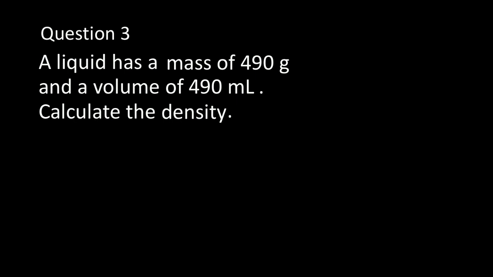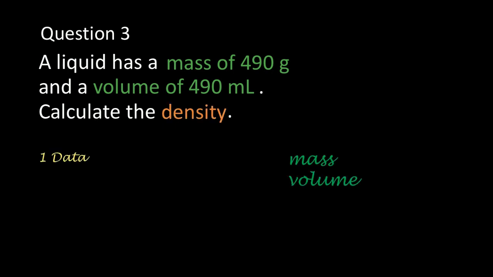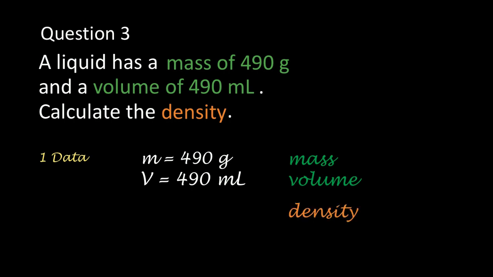Let's do one more, but now we're looking at a liquid. And this liquid has a mass of 490 grams and a volume of 490 milliliters. Calculate the density. So data, m is 490 grams and V is 490 milliliters. Now the density is required, rho equals ... grams per milliliter.